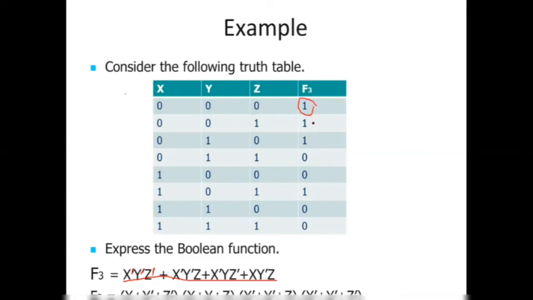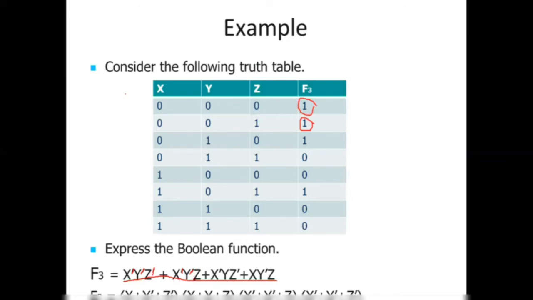In the second one also you have 1. So again this is a min term, and you have to write it as a min term in the expression. It's x dash y dash z, because x and y values are 0, so we get the complement of them, and z is 1, so we are not taking the complement.